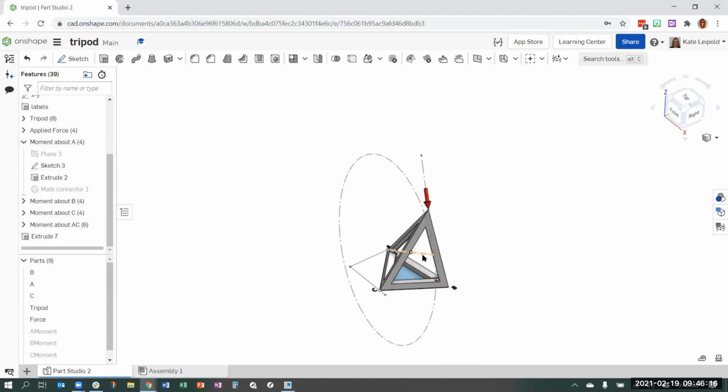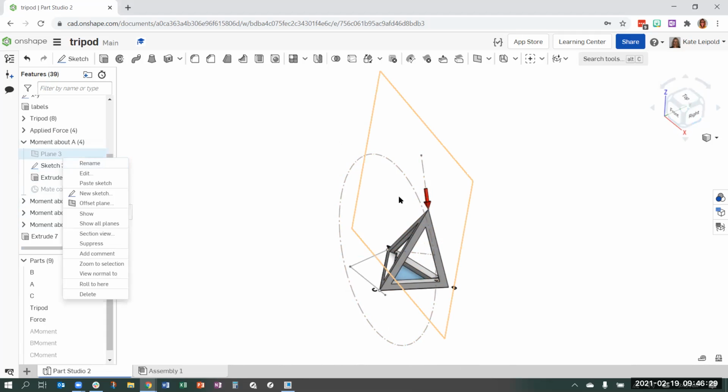So what is the distance from A to the force, the perpendicular distance? This plane was created through the points A and D, and then also the end of the force. So it's a plane that includes the force and it includes point A.